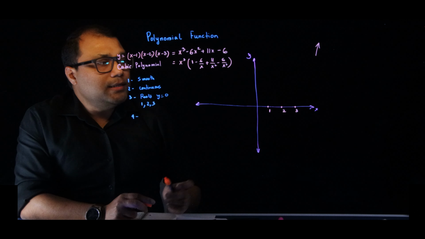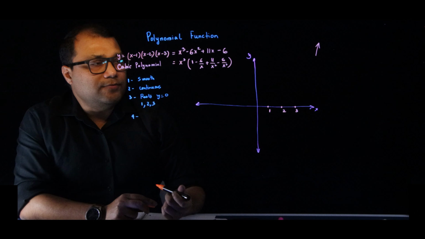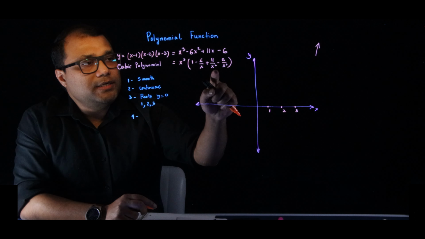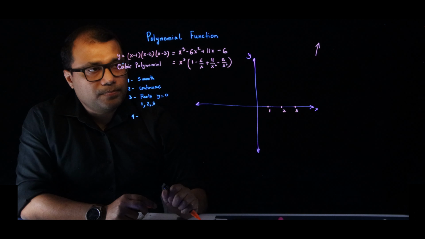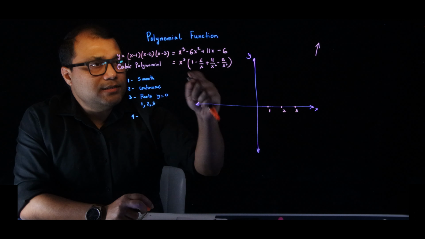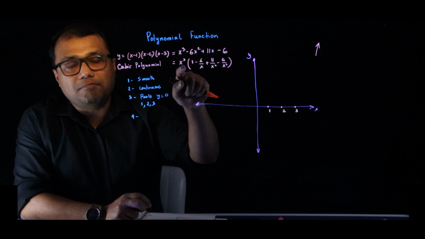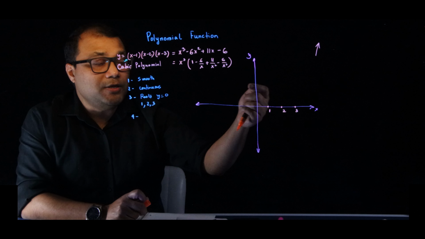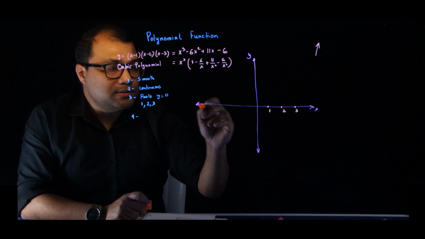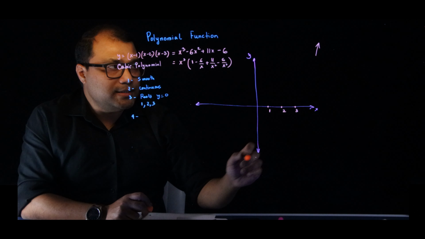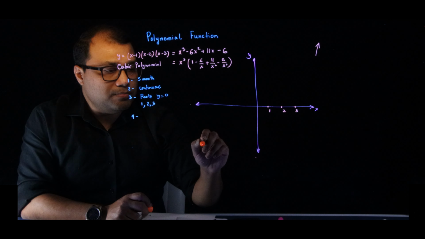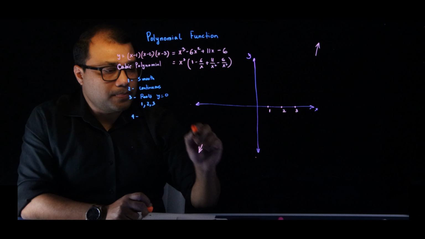Now let's say when x tends to minus infinity, again these 3 terms would tend to 0. However, when x tends to minus infinity, x cubed will tend to minus infinity as well, and very quickly. So x is negative here, y is negative here. This tends to minus infinity like this.